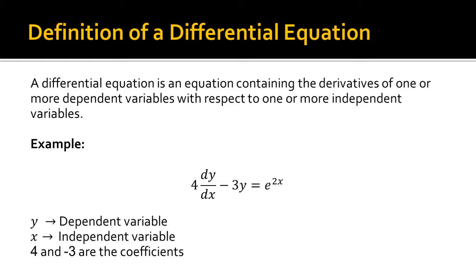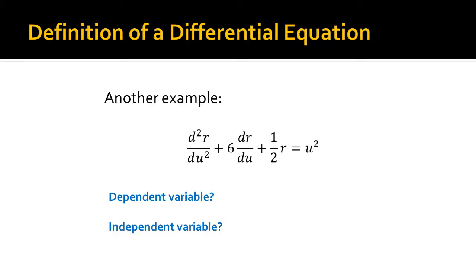The dependent variable for the equation is y and the independent variable is x. The numbers 4 and -3 are the coefficients. Look at another example. What is the dependent variable and independent variable for the given equation?